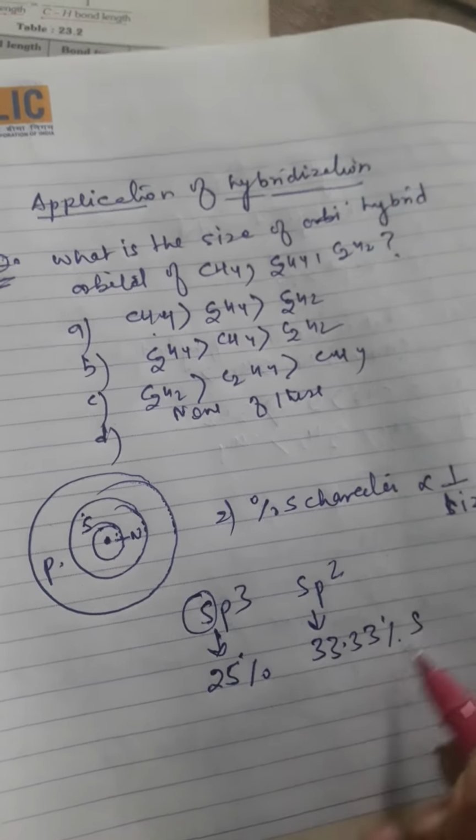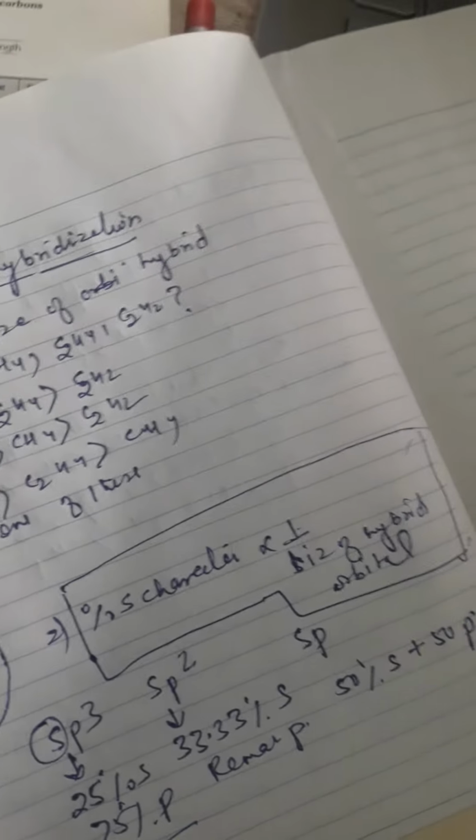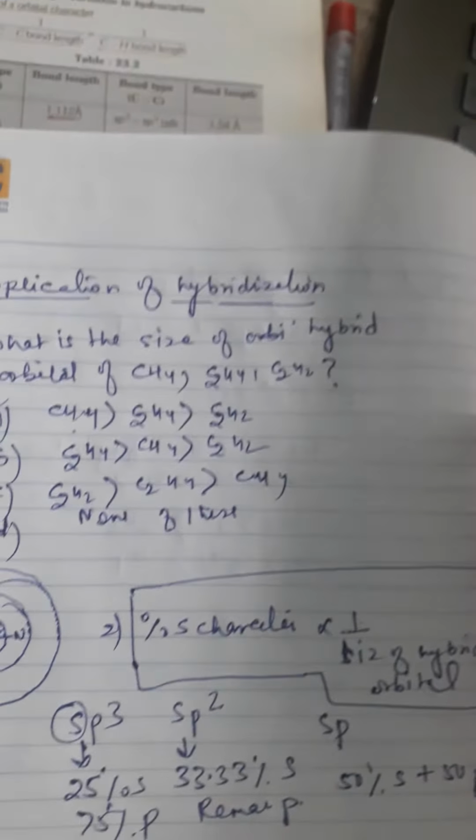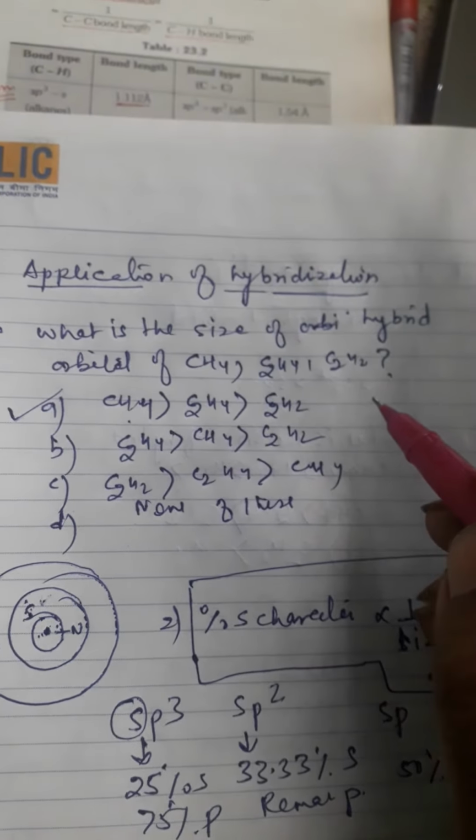According to this, there may be another question of this type in which an sp3 hybrid molecule is given. Suppose in place of CH4, C2H6 is given. That may be, but the fundamental is that the sp3 hybrid orbital size is much more as compared to sp2, as compared to sp.